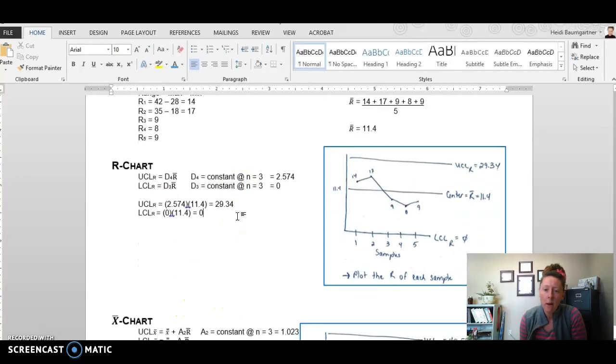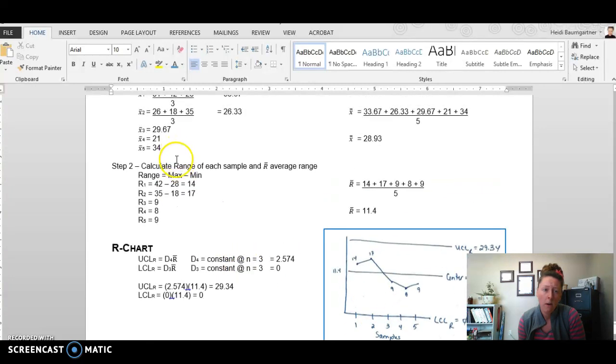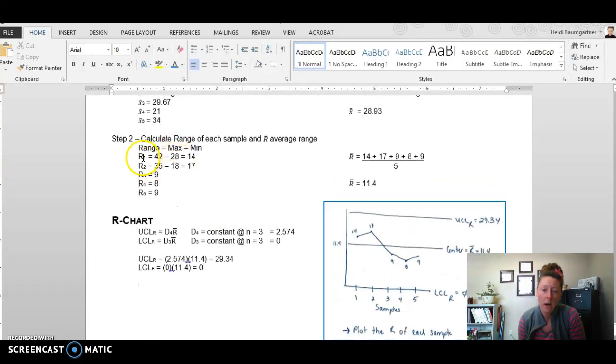And then by hand, we're graphing this. Your samples are 5. You're plotting the range of each sample. So your range for the first one is 14, second one is 17.